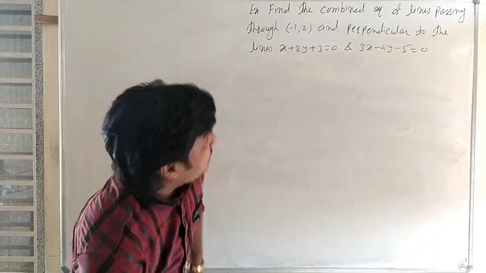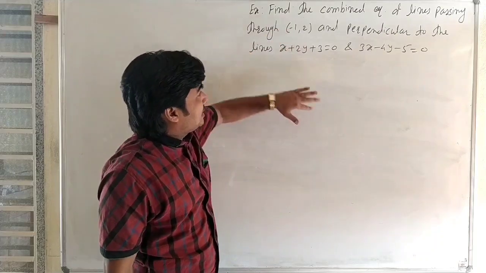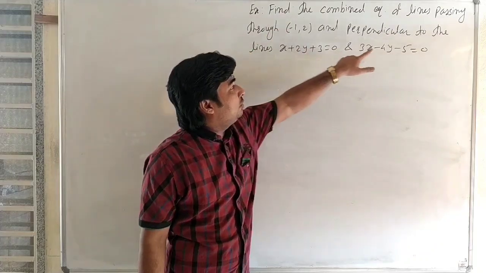Now we find the equation of lines passing through the point and perpendicular to these two lines.